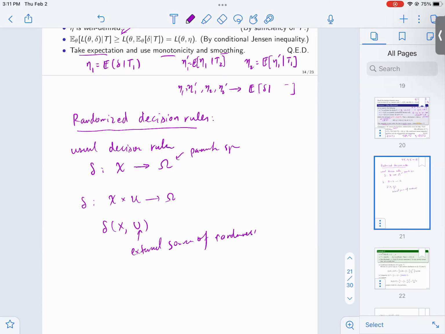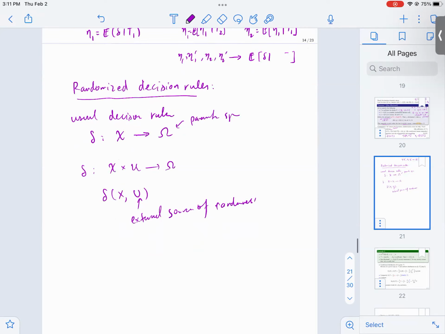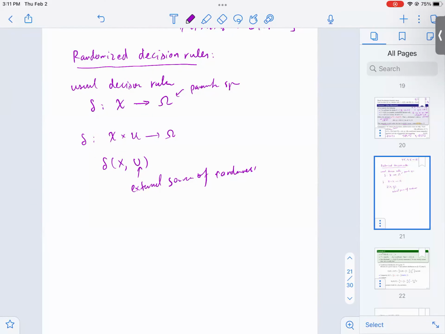We can think of it as a deterministic rule over a bigger state, but when you plug it in, you plug in your external source of randomness, like a random variable. Another way of viewing it is that delta of x is now like a probability measure.